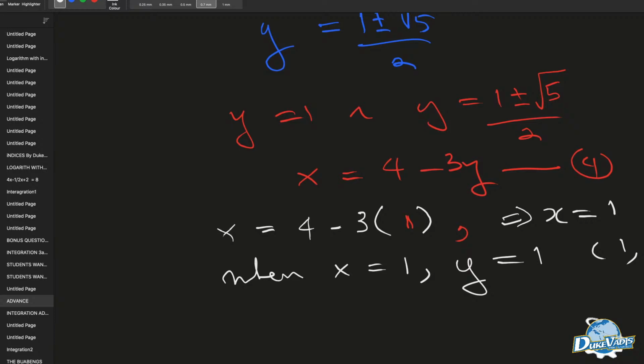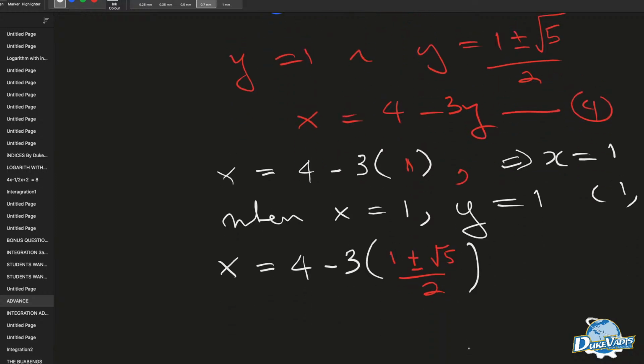Now let's do the same thing. Now we have our x equal to 4 minus 3 into brackets. Don't forget the equation: 1 plus or minus square root of 5 all over 2. So this is also a solution for x.